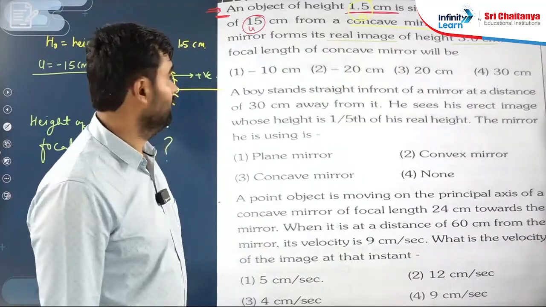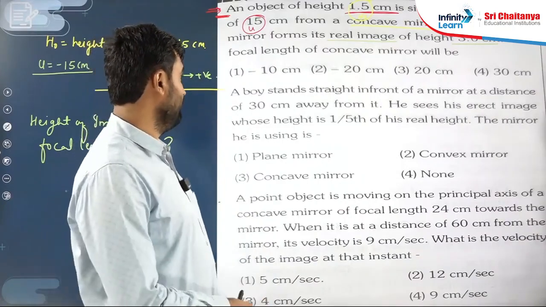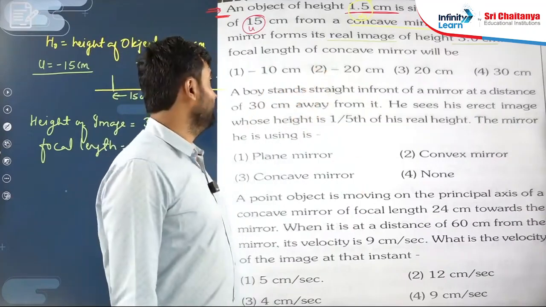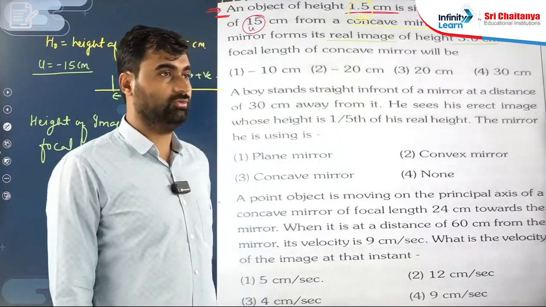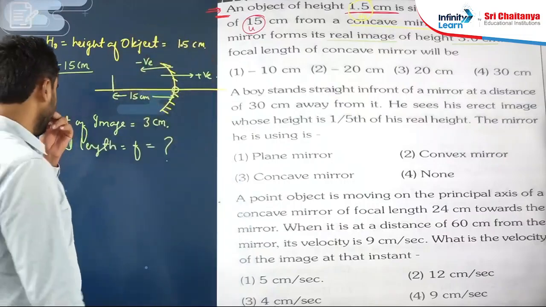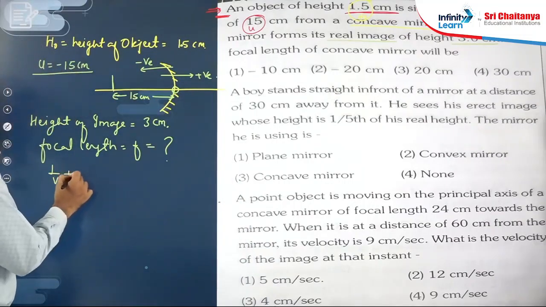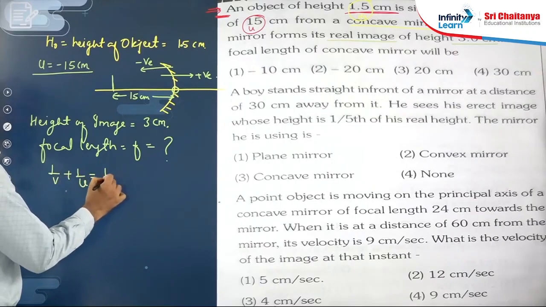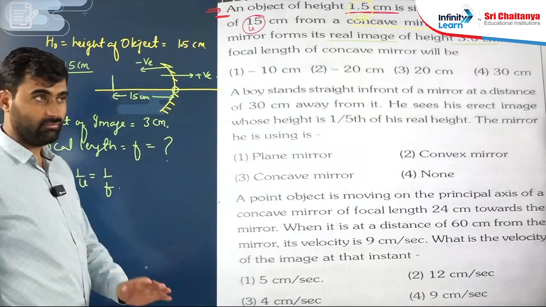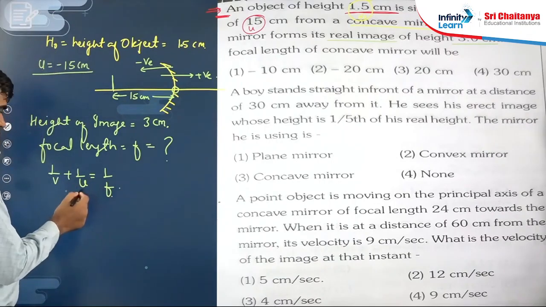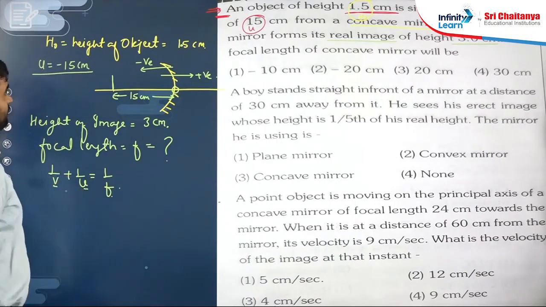Some students are sending their answer, the fourth option. But you know, in this question negative values are also given, right? So you have to take care of everything. One formula we have, 1 by V plus 1 by U equal to 1 by F. To calculate F, we need U and V. U is given.